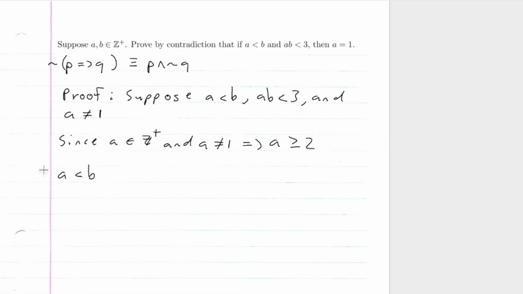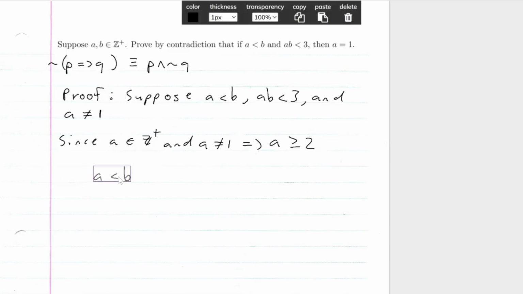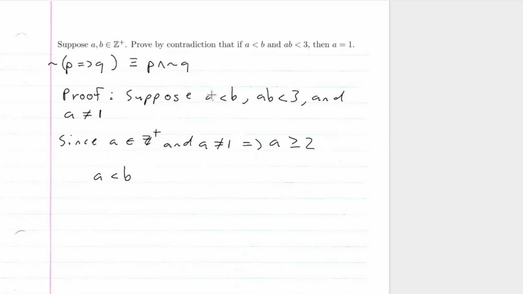So if a is less than b and a is greater than or equal to 2, this means that b must be greater than or equal to 3. It can be 3 or bigger.